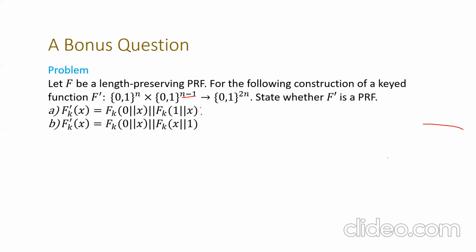So maybe I can just quickly discuss the answer. The first one is secure. Why? Because F is a PRF, so the output of the PRF is pseudo-random.